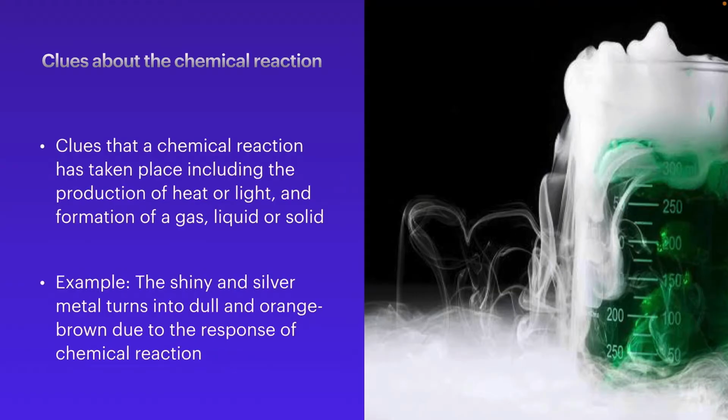And clues about the chemical reaction? Well, clues that a chemical reaction has taken place include the production of heat and light and the formation of gas, liquid, or solid. I'll tell you an example.